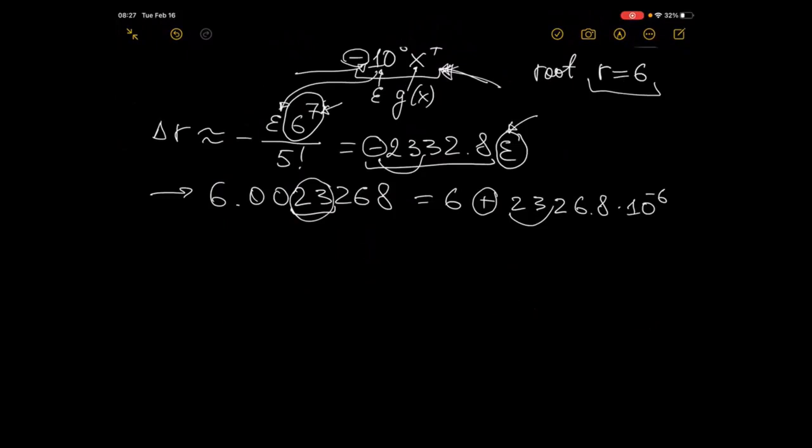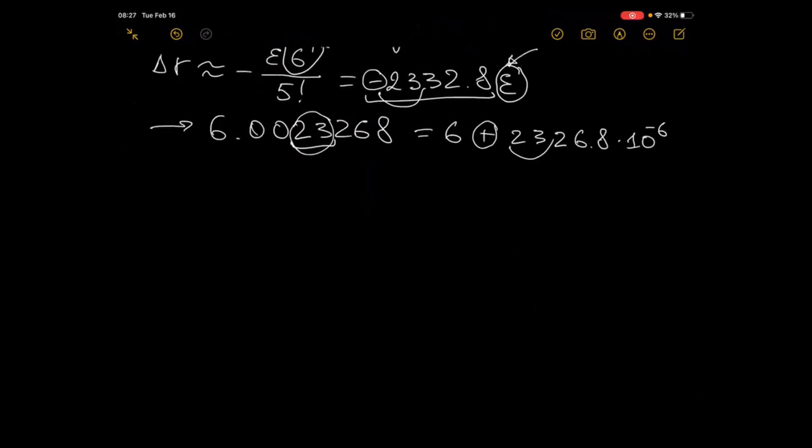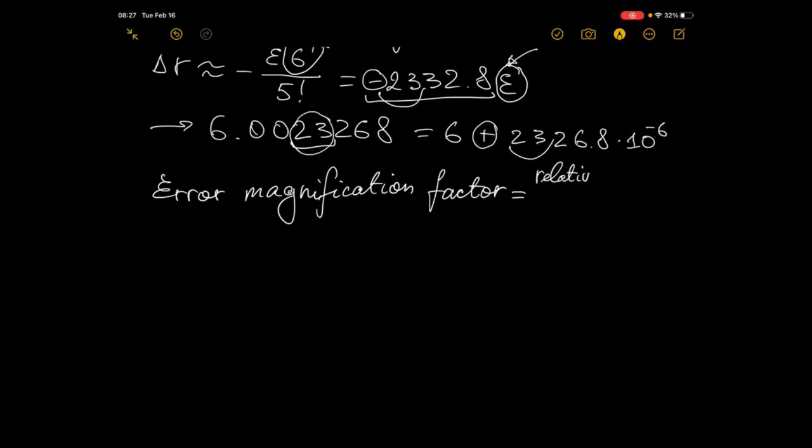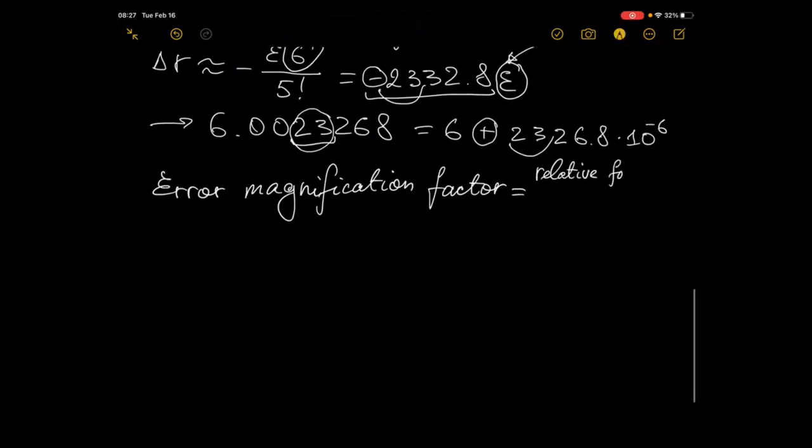So this is how we can introduce the so-called error magnification factor. It's the relative forward error divided by the relative backward error.